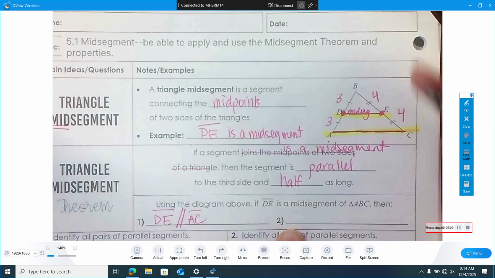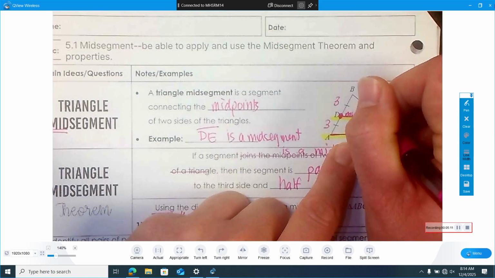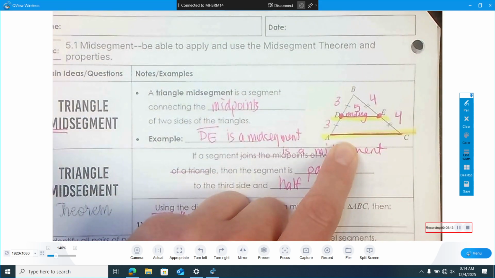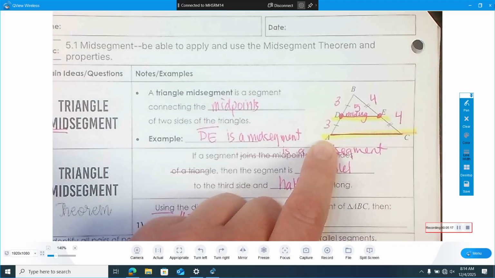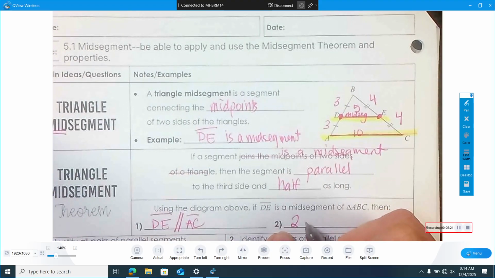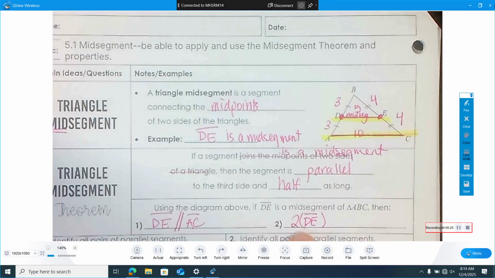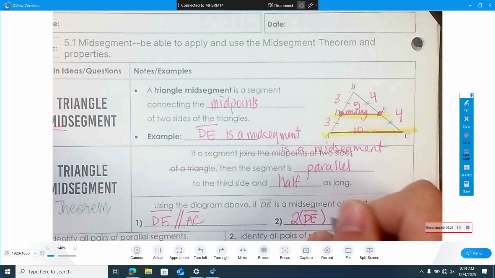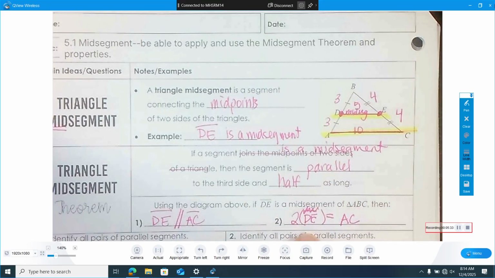But let's do some numbers here. If the mid-segment is 5, how long is AC? 10. Hey, it's 10. Okay, twice DE. If we take DE and double it, it equals the measure of AC.